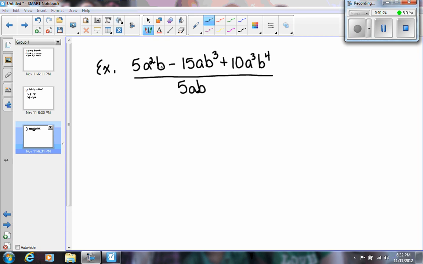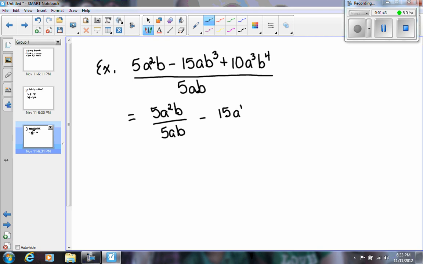Well, notice I have the common denominator in the bottom, so I'm going to split this apart and say this is 5a squared b over 5ab minus 15ab cubed over 5ab plus 10a cubed b to the fourth over 5ab.